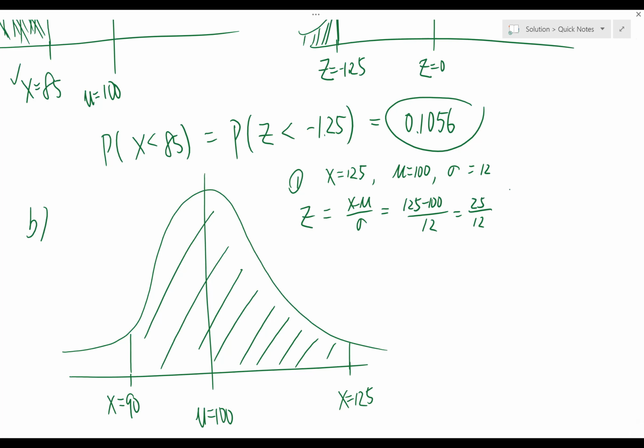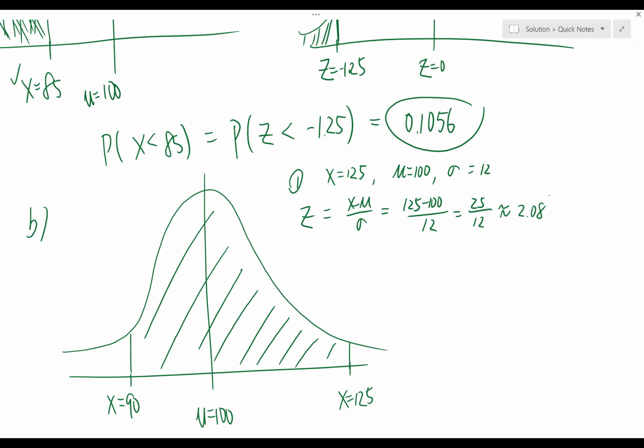So this turned out to be 2.08 approximately. That's always the case for the z-score. It's also the convention because in the table A2, we can only use up to 2 decimal places.